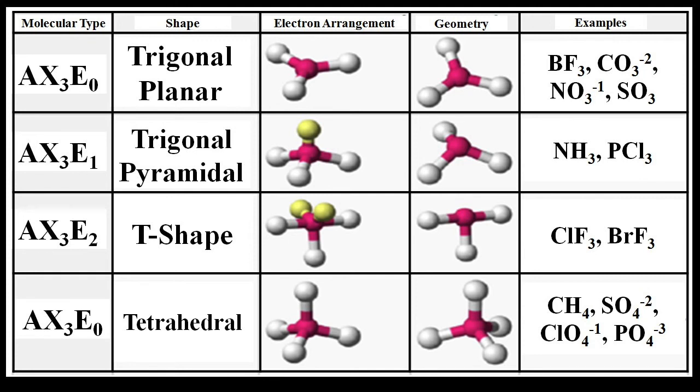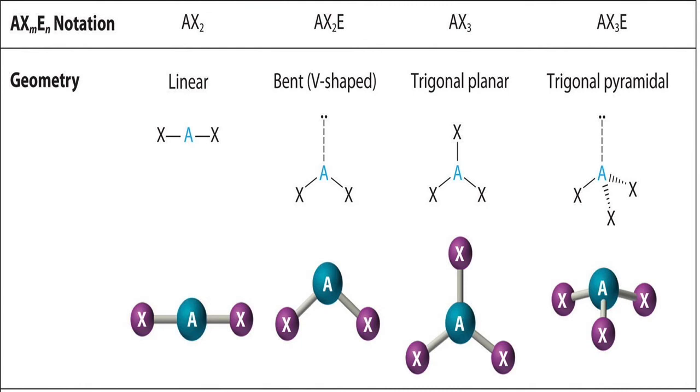Then you have the tetrahedral, where you have no unshared pairs of electrons. And then continuing with a couple more slides, here's another look at the different types of geometry relative to linear, bent, trigonal planar, and trigonal pyramidal, and we'll continue with the next slide.